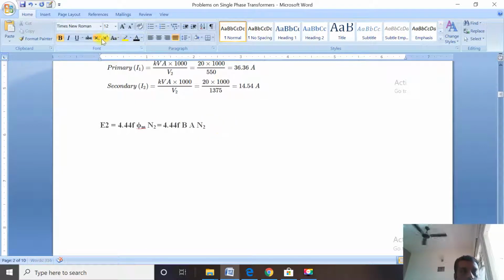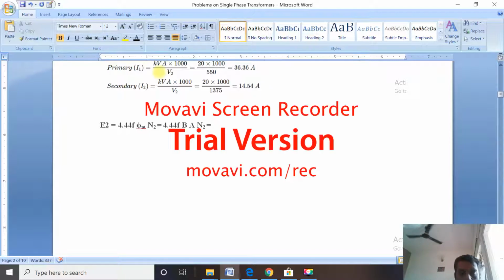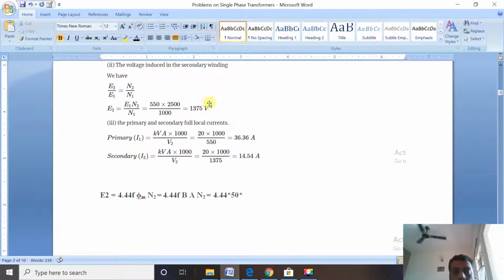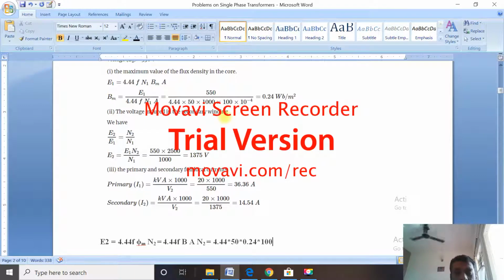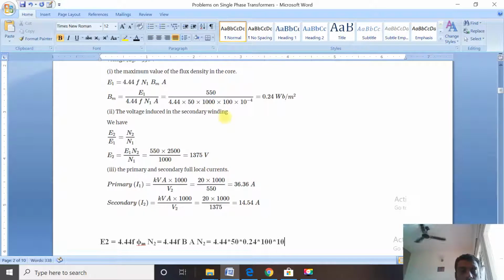So E2 is 4.44 into 50 into B, which is 0.24, into A, which is 100 into 10 to the power of minus 4, into N2.